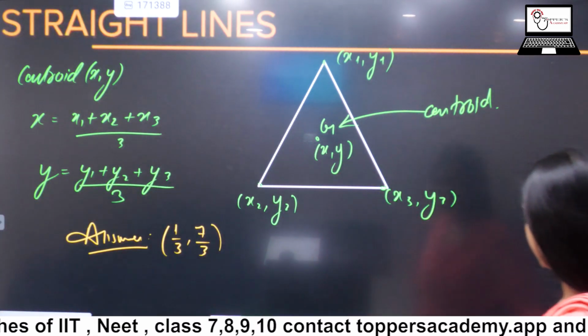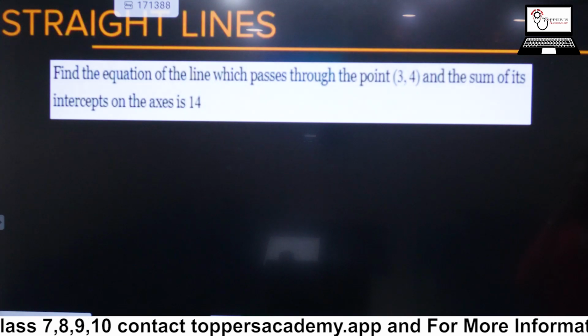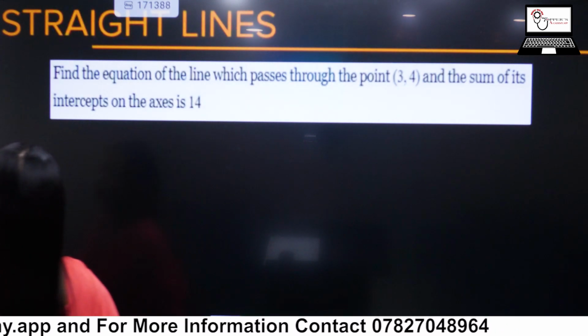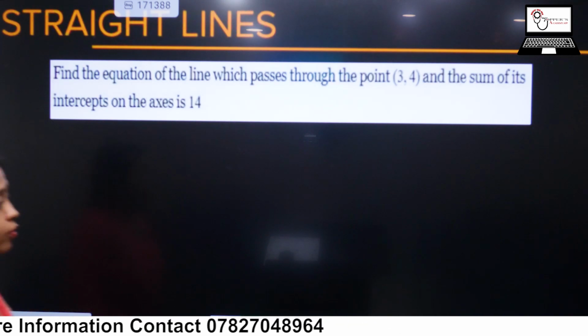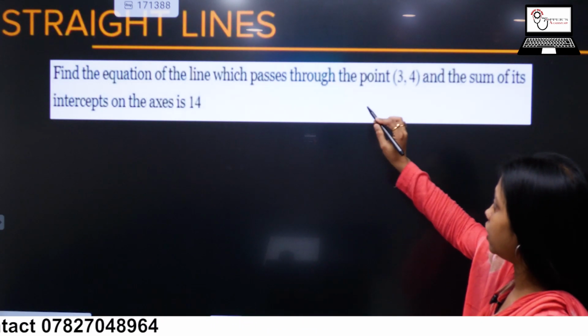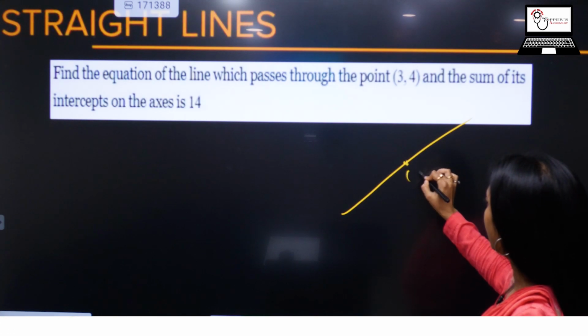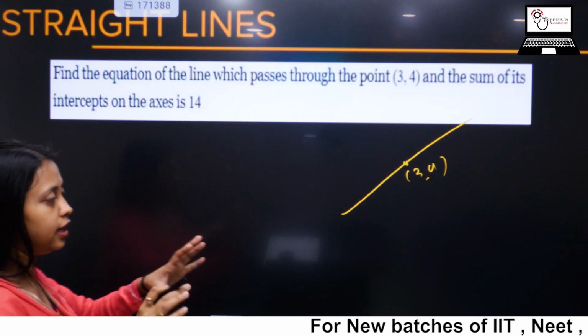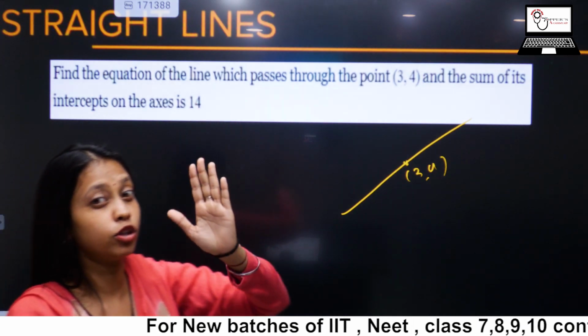Answer. Next is: find the equation of the line which passes through 3 comma 4 and the sum of its intercepts on the axes is 14. See how simple this question is. It says the equation of a line which passes through this point. I already have a point on it, and they are telling you some information about the intercepts.